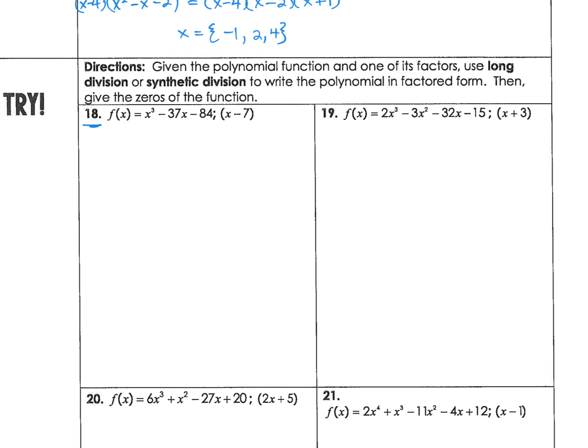Can we use synthetic division for this one? Yes. Okay, so set it up using synthetic division and finish it out.